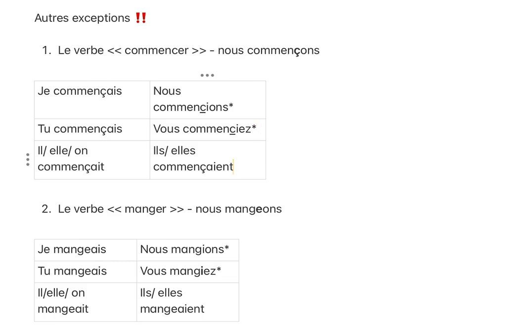And then, for the third person plural, that is ils commençaient, elles commençaient, there is a cedilla. So the exception is found in the nous and the vous form.